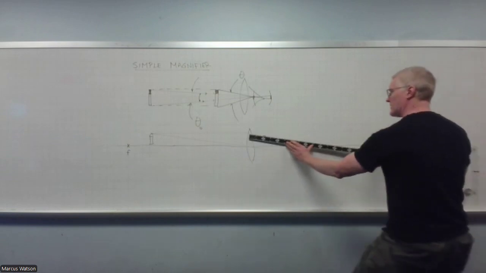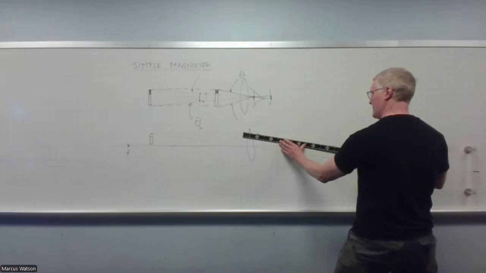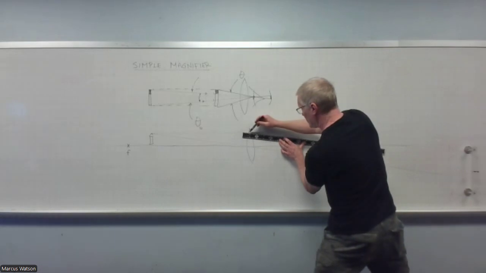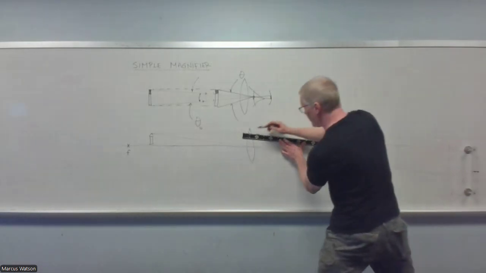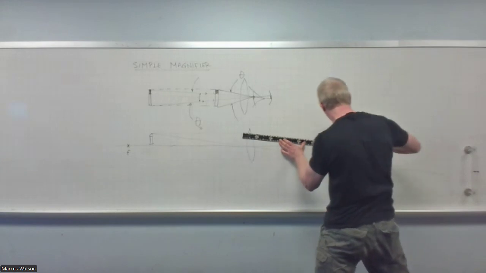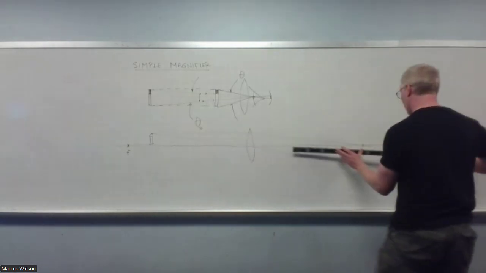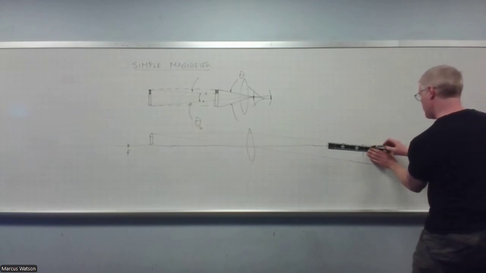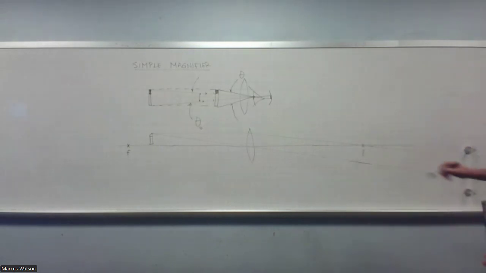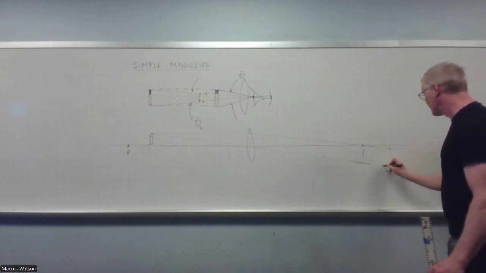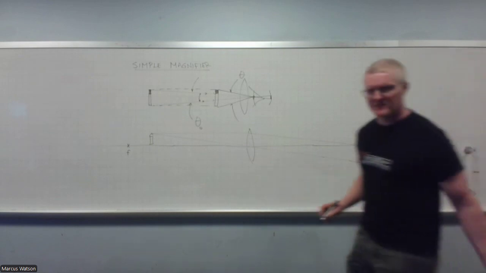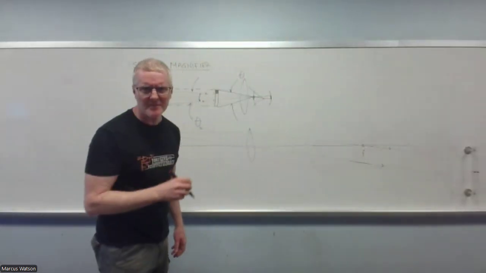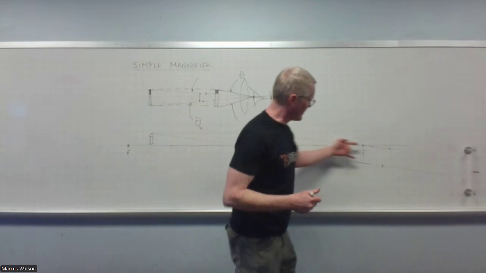About like that. Whereas this one is going to come out of the lens and go through the focal point here. Okay, so there you go. These are my two outgoing rays right here. Let's see if you can even see those. Yeah, you can see those.